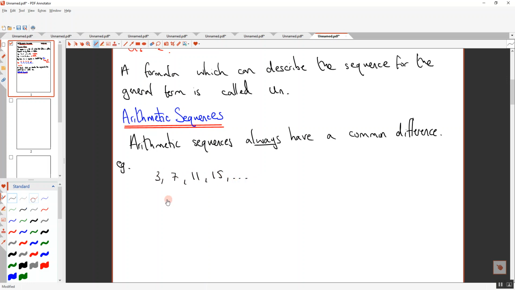The common difference here is, I'm adding 4 each time. And the important thing to notice here is we denote the common difference with the letter D.